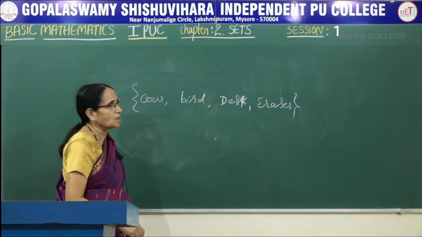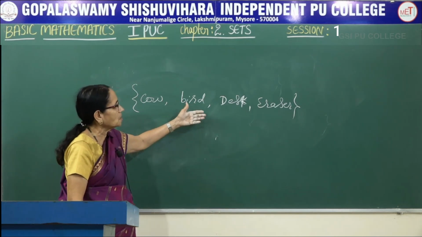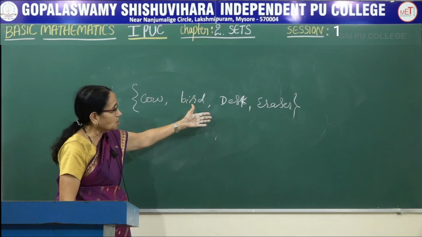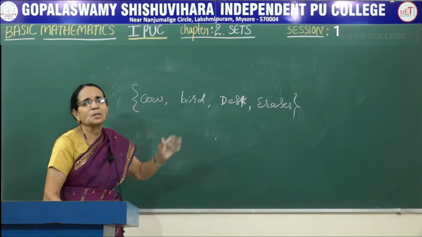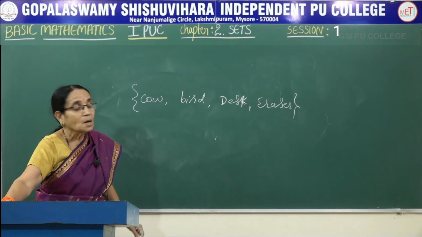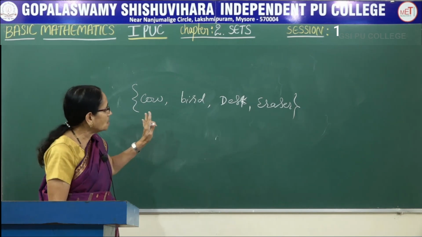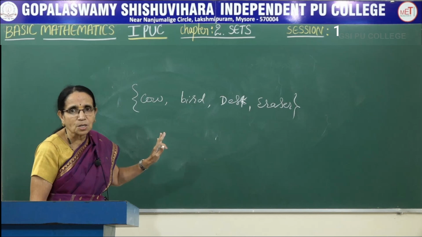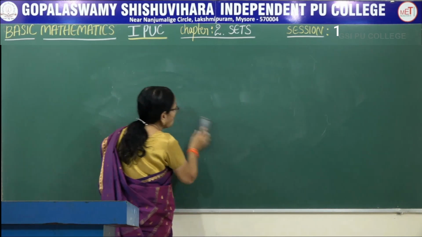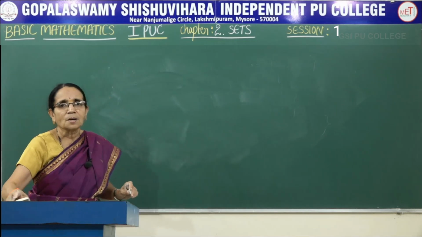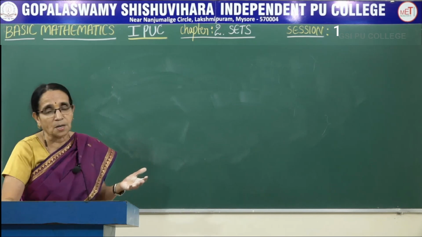But one is an animal, one is a bird, desk is some furniture, and eraser we use to write or erase. So all of them are different types. Though it is a collection, we cannot call it a set. So what's the reason that you can give? The elements or the members of the collection are not of the same type. They are of different types. Therefore, we cannot call it a set here.